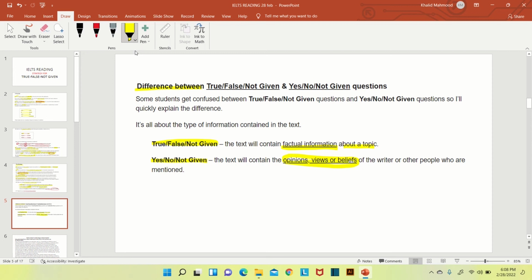It will contain the belief of the writer or other people, but it will not contain facts. The main difference is that here it contains factual information, and here it contains opinion, view, or belief. These are the two main differences between yes, no, not given and true, false, not given.